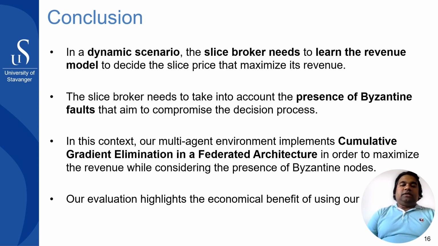In this context, our multi-agent environment implements cumulative gradient elimination in a federated architecture in order to maximize the revenue while considering the presence of Byzantine nodes. This work is very novel because there are no existing works which consider these Byzantine faulty nodes to learn any type of revenue model or profit model. And our evaluation highlights the economic benefit of using our algorithm. So this is really great in our case.